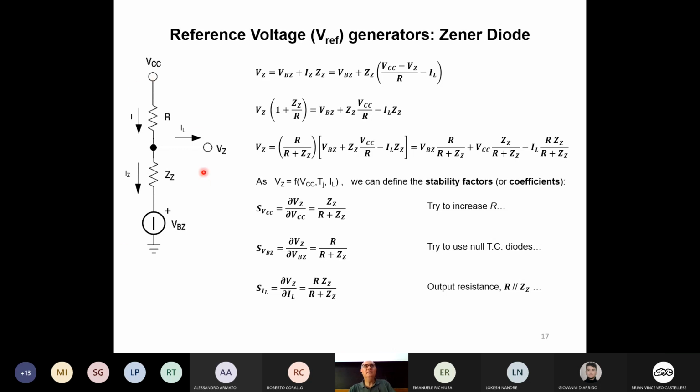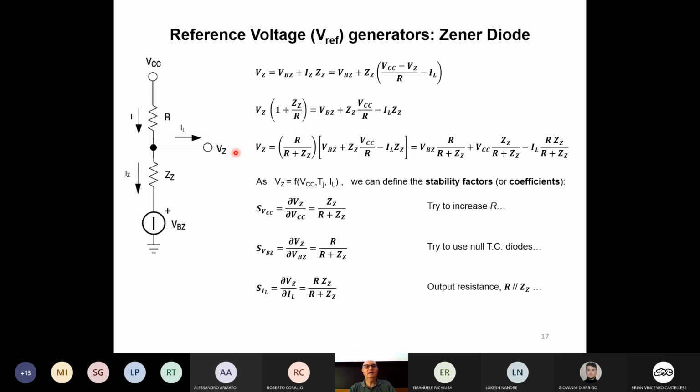The whole circuit can be seen as an equivalent real voltage generator with amplitude Vz, but having in series a resistor which is given by delta Vz divided by delta IL. Just consider this. If I want to calculate the resistance seen from this port, from this gate here, how can we calculate it?